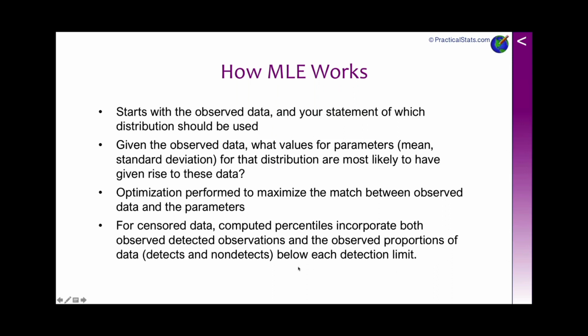So it's going to look at the proportion of data below 4 in this case, and there are some detected data below 4 when the detection limits were lower, and then counting the number of non-detects that are below 4, all the less than 4s, then the less than 3s, less than 2s, less than 0.5s. So you know what proportion of data are below each detection limit, and that proportional information is what is used to represent the information that the non-detects have.